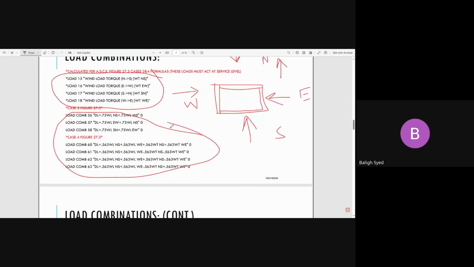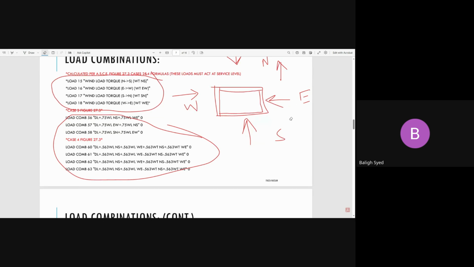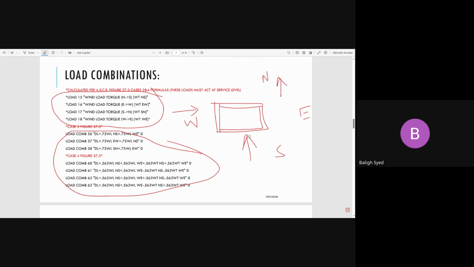But what does the code say? The code says, when you apply the load... okay, hold on, give me a second.